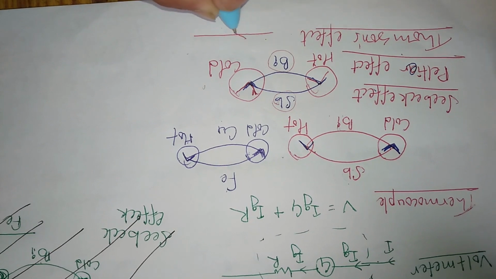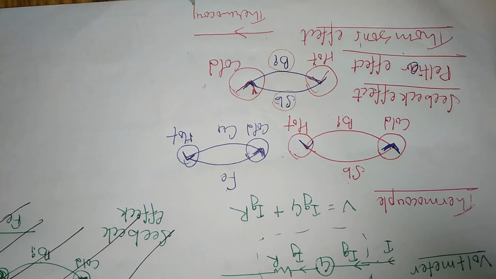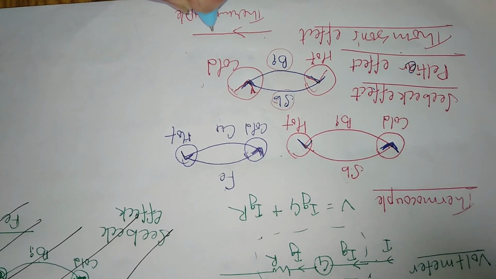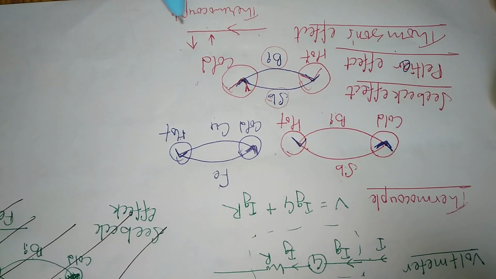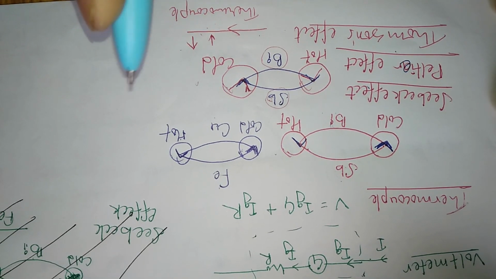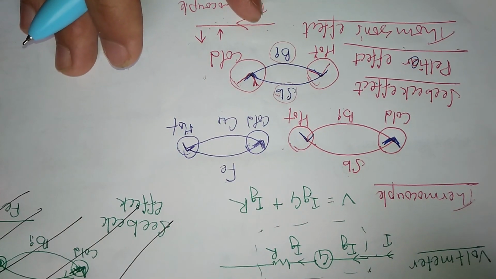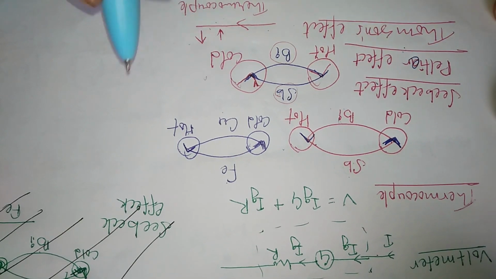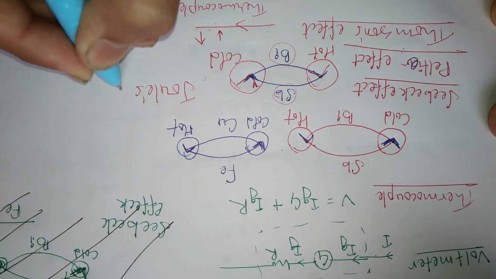When current is passed through a thermocouple, heat energy is either absorbed or evolved along the length. This is the Thomson effect. Let me tell you, these are reversible, but Joule's effect is irreversible.